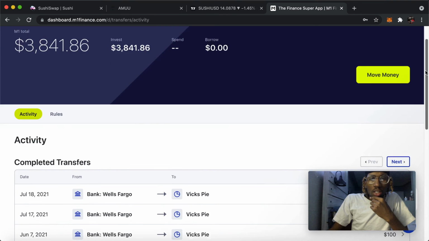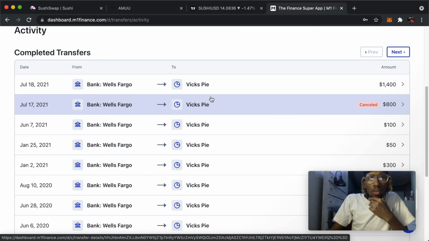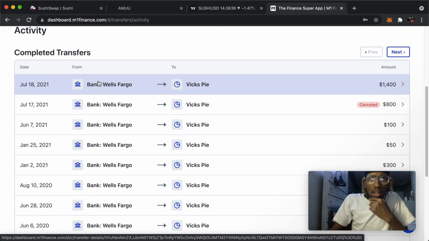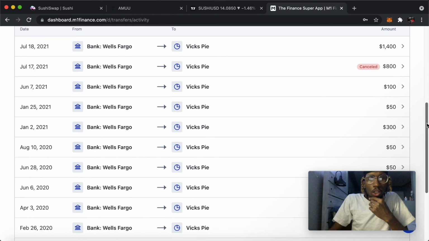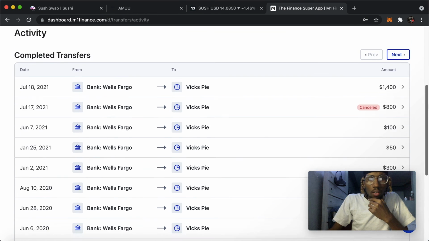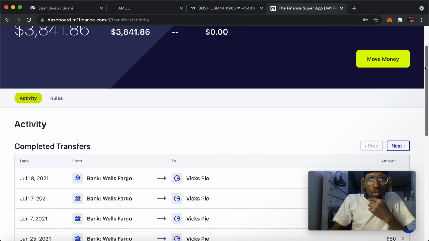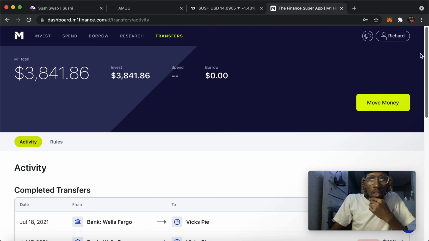Now transfers, excuse me. Basically this is all the money transfers that you have had going from your bank account to your portfolio pie, right? So it'll show you all the money that you invested. It'll show you the date, so you have a record of that, right? All that good stuff. This option right here, move money.